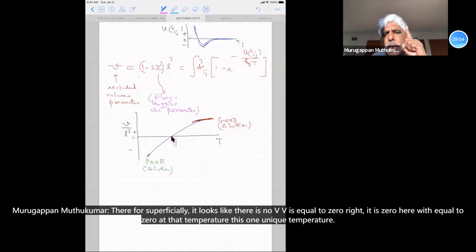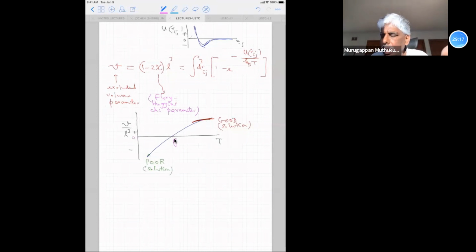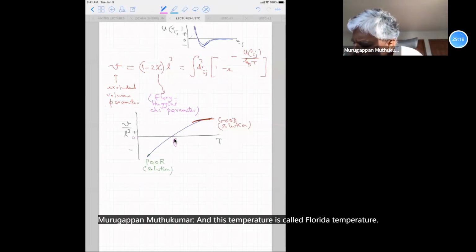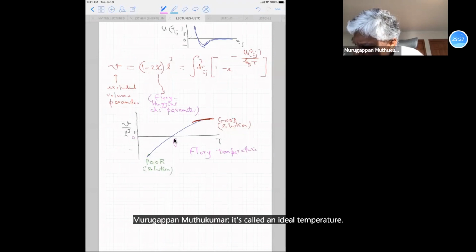There's one unique temperature for a given polymer and solvent combination where the excluded volume parameter, which comes from this interaction energy, appears to be 0. And this temperature is called Flory temperature. It's called ideal temperature.